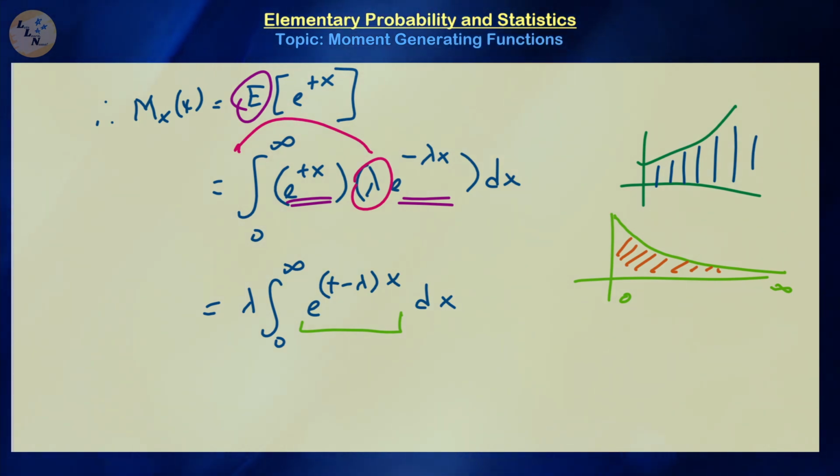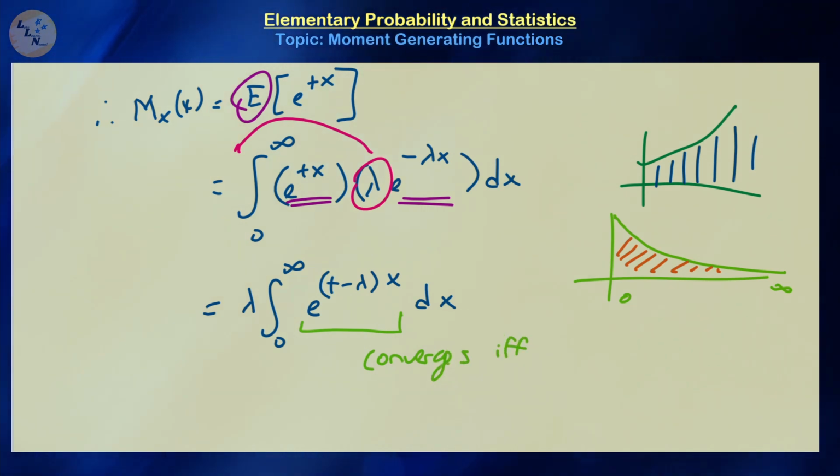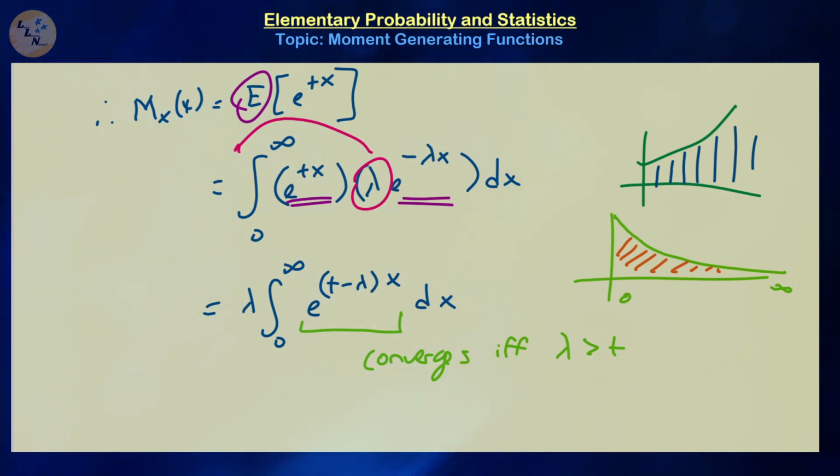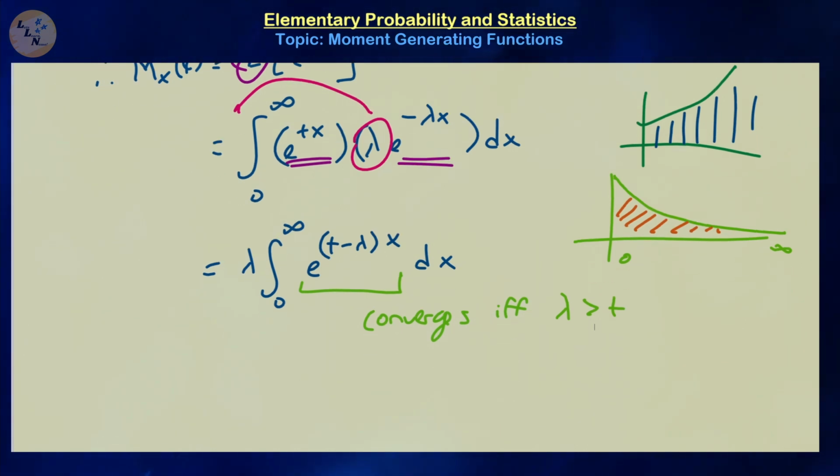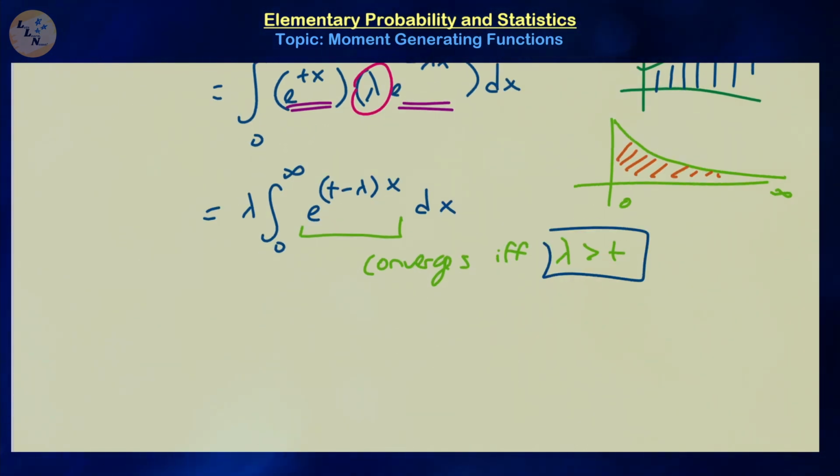So the only way that this integral converges is if lambda is bigger than t. Because if lambda is bigger than t, that means t minus lambda is going to be a negative number. That's going to give us a negative coefficient in front of x, which is an exponential decay curve, which definitely converges, right? So let's assume that lambda is bigger than t.